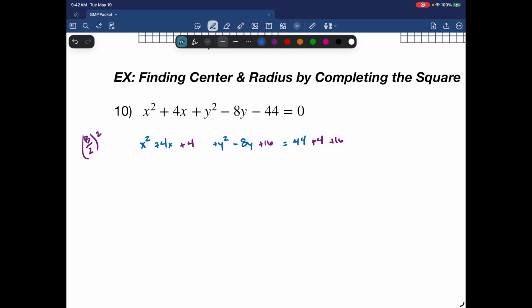All right, and then this allows you to say x plus 2 all squared plus y minus 4 all squared equals, and then 44 plus 4 is 48. 44 plus 16 is 60. This could be 64. Okay, and then if you want your center and radius from this, the center would be (-2, 4), and your radius would be the square root of 64, which is 8.